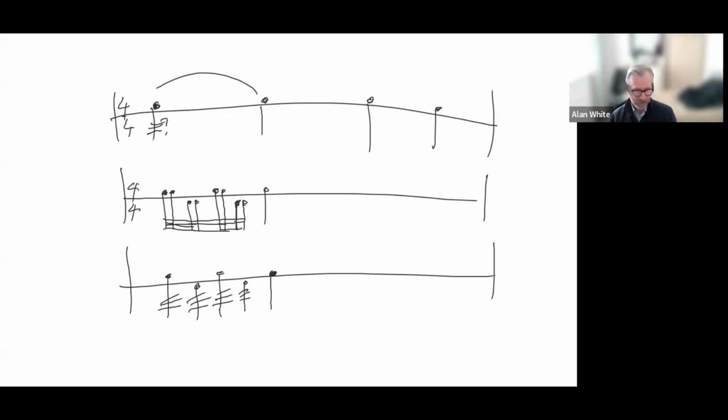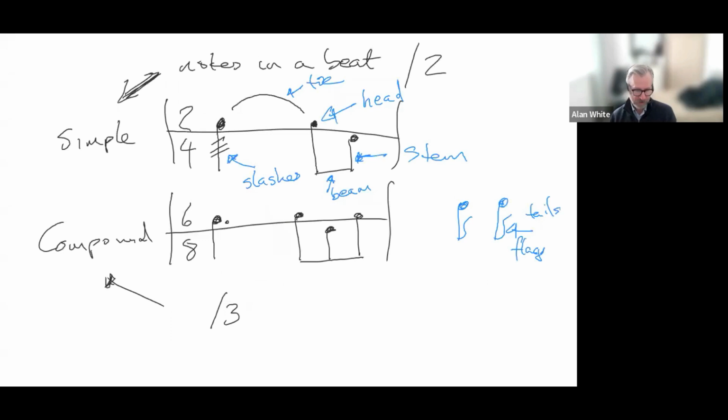Let me just drive this technology again. Right, here's where we started. With compound time, we have to consider that the note breaks down into 3 naturally. There are unnatural ways to make it break into others, but naturally it breaks into 3.